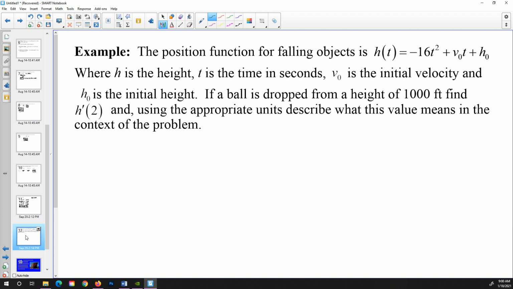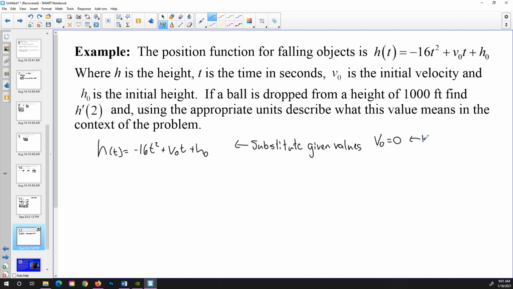Okay, so let's start with our equation. h of t equals negative 16t squared plus v sub 0 t plus h sub 0. So we're going to substitute our given values. Now we know v sub 0 is equal to 0 because the ball is dropped.